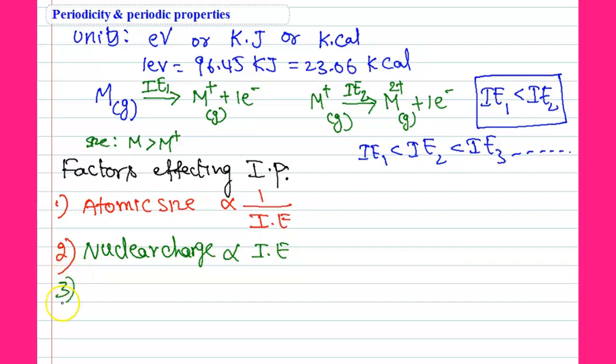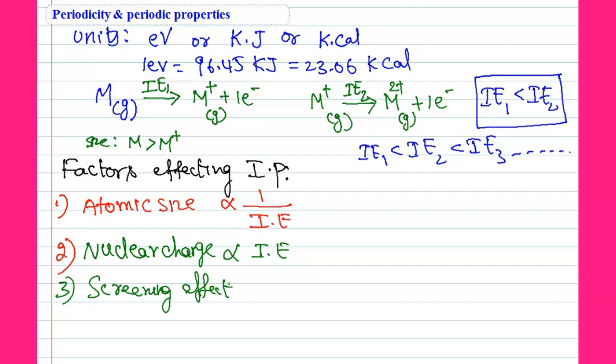So as nuclear charge increases, ionization energy increases. The next, third point is the screening effect. I already explained in previous classes what the screening effect is. In the orbits, some electrons between the nucleus and the valence electrons act as a wall and stop the nuclear attraction up to that level.